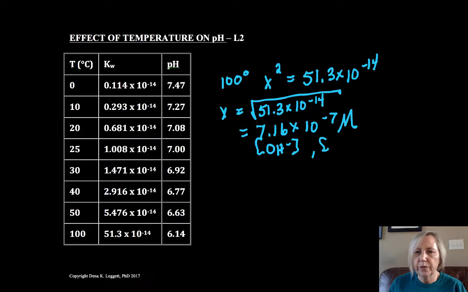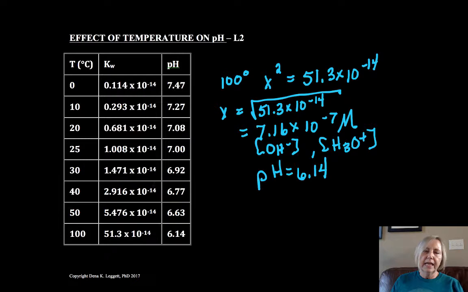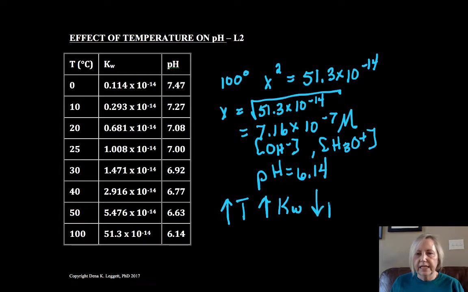So pH is equal to 6.14. So you notice that as you increase temperature, we increase Kw and we decrease pH of a neutral solution.